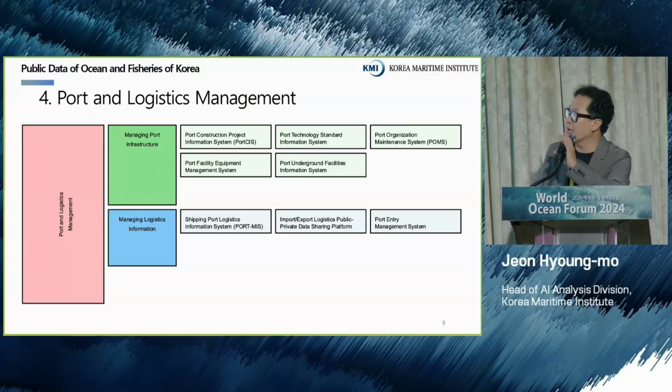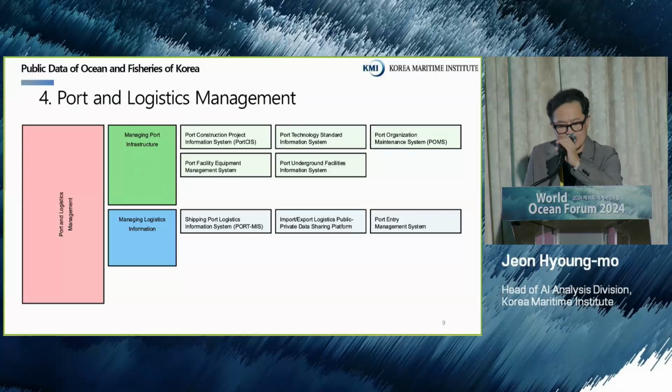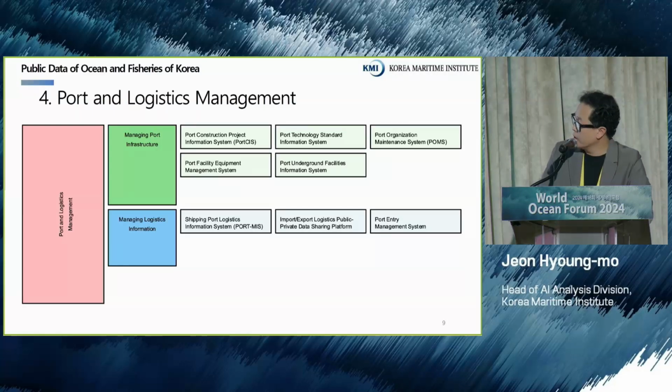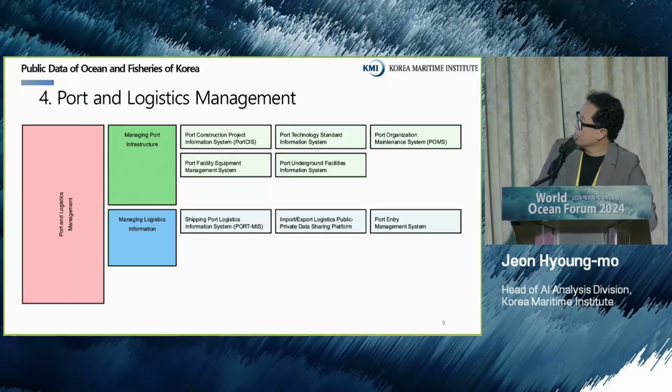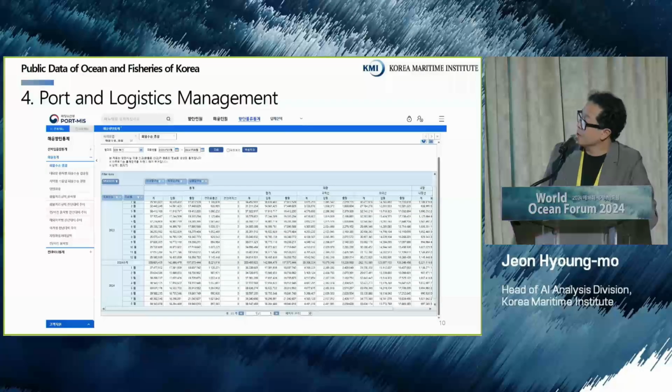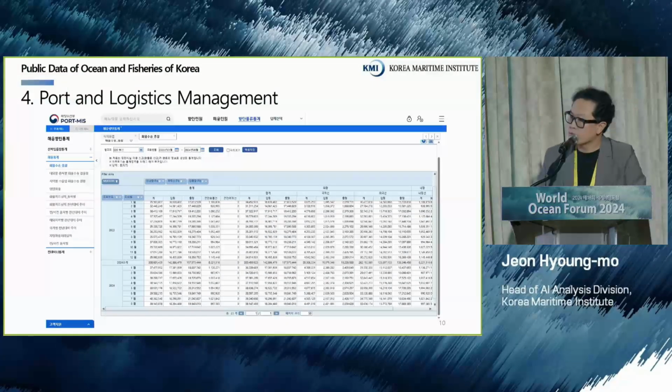Fourth is more for the industry. This is for port and logistics management. We have port infrastructure management, logistics information, and other port system related platforms. In the logistics information management part, we have the port management information system.